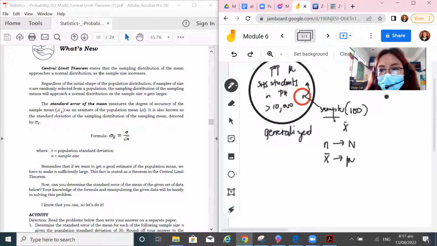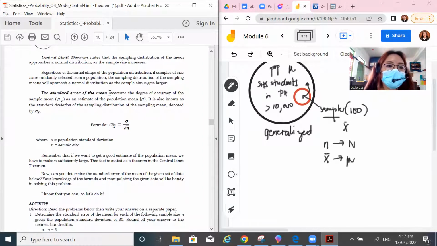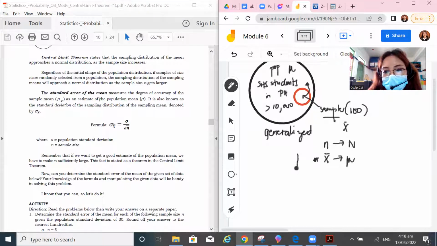How do we prove this mathematically? We are given the standard error of the mean. You can read in the module that this measures the degree of accuracy of the sample mean as an estimate of the population mean. Instead of x bar, it is represented as mu x bar.